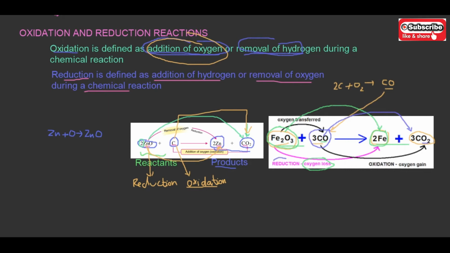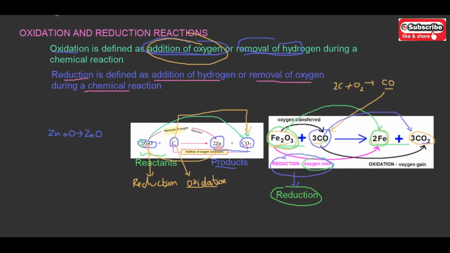So in this case, since iron oxide has lost its oxygen atom, removal of oxygen atom or loss of oxygen atom is known as reduction. It means reduction is taking place at iron oxide.